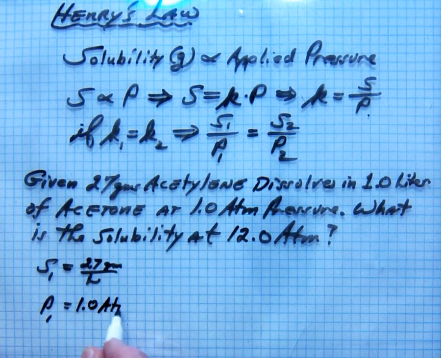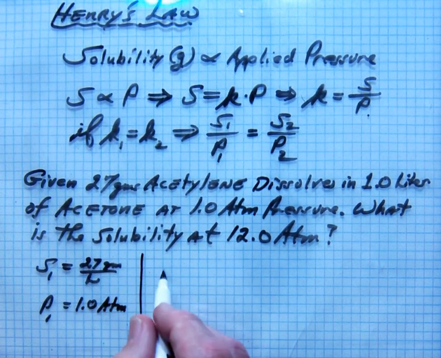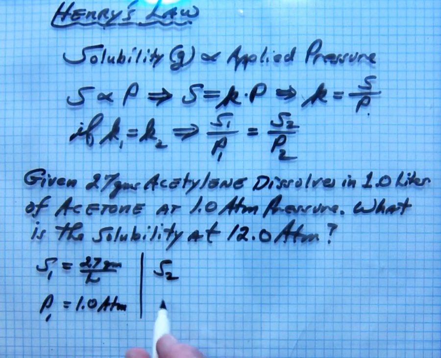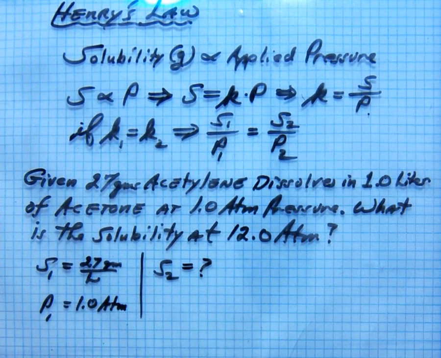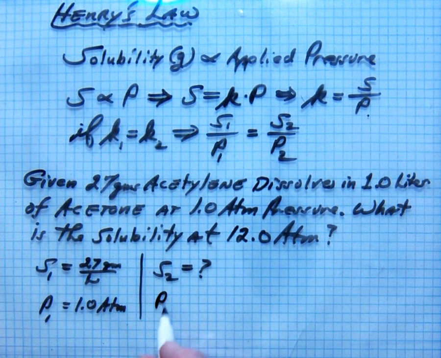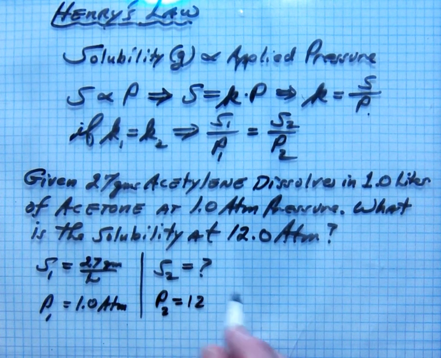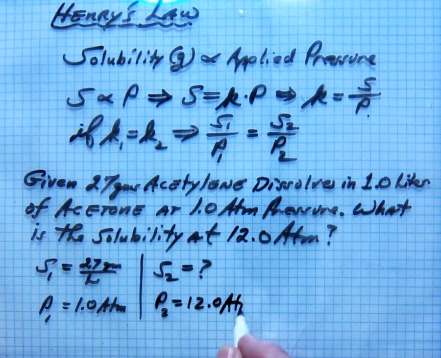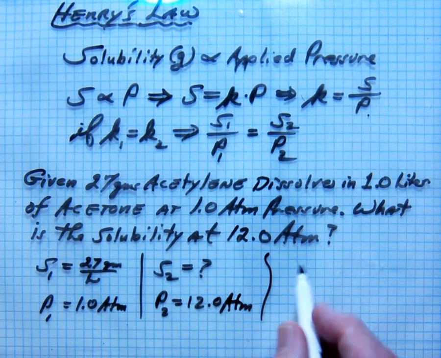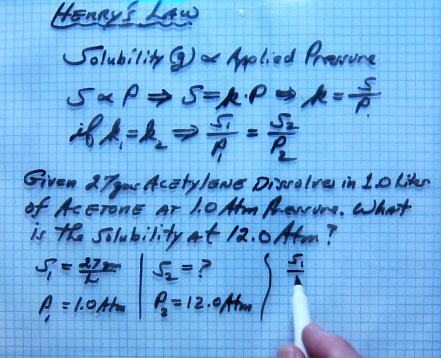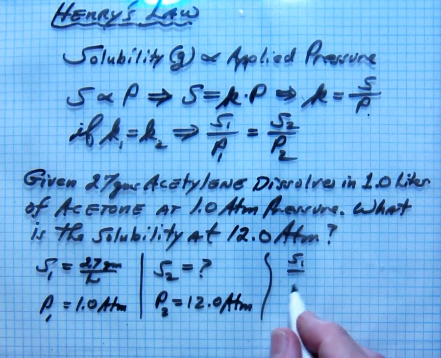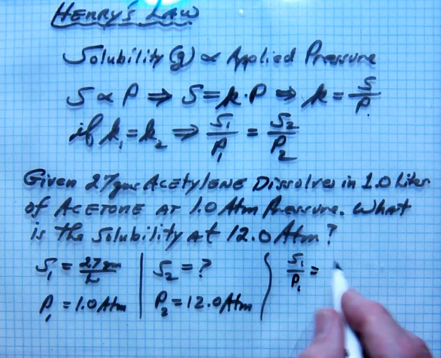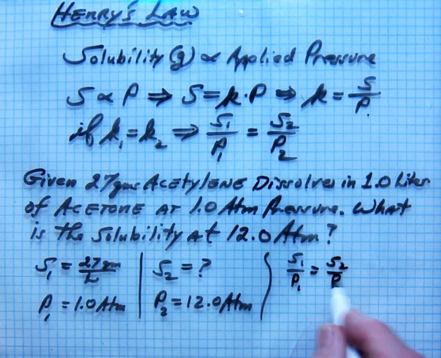Solubility 2 is the objective of the problem, and pressure 2 is 12 atmospheres. So it's solubility 1 over pressure 1 equals solubility 2 over pressure 2.